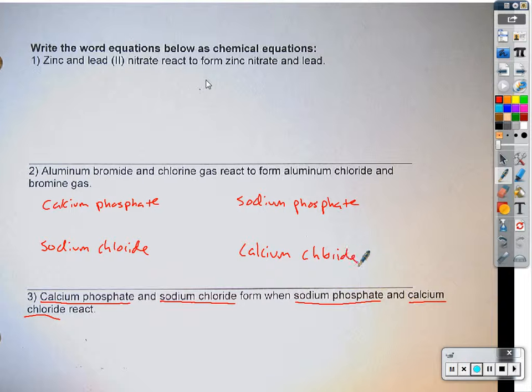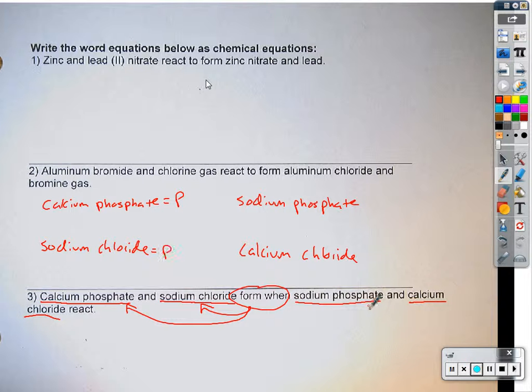That's my stuff. Now I've got to figure out what the reactants and products are. And I told you this in class, and I'll tell you it again now. Don't assume that just because it's the first thing you read, it's a reactant. Check that out. It says "form when." These form, making them products.